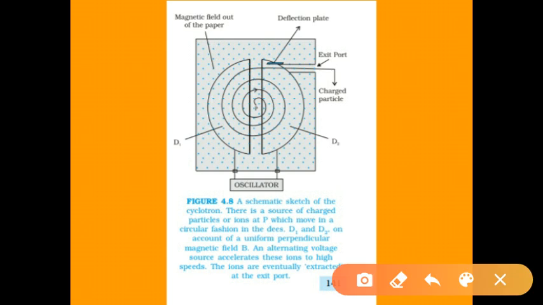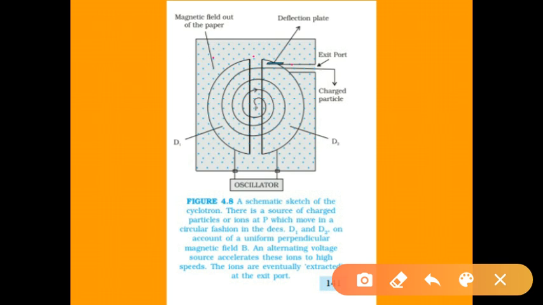The oscillator creates a potential difference between the two Ds, and there will be an electric field in the gap between the two Ds. Electric field will be there only in this gap. Perpendicular magnetic field is there and is represented using these blue dots.